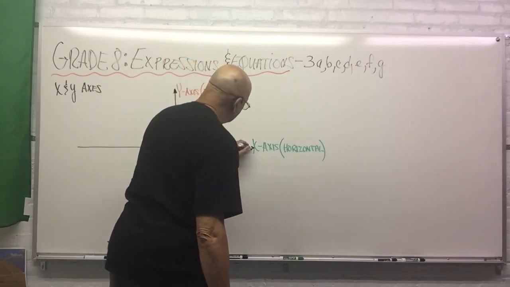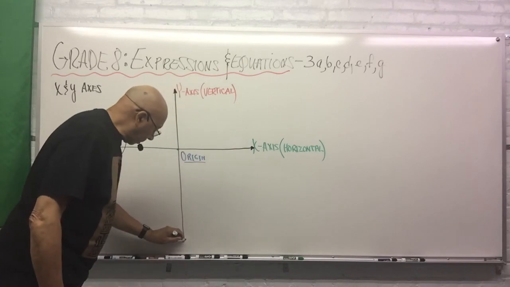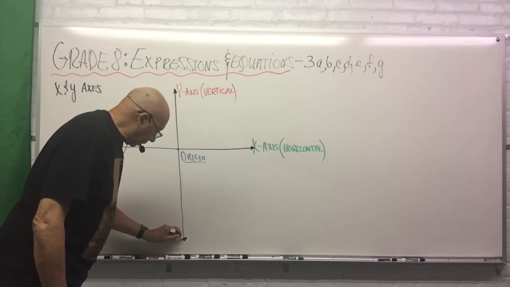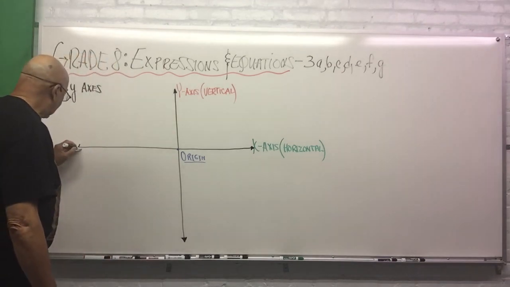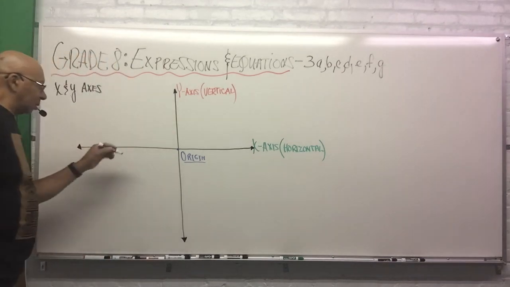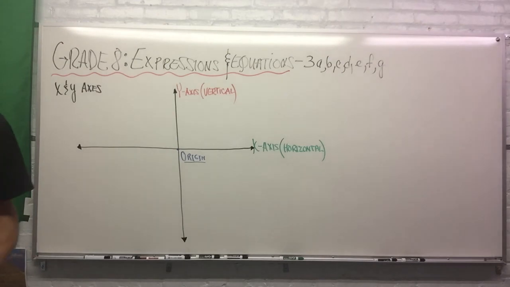And you know that arrow is the explanation for us, the symbol for us, that even though these are short, they go on forever in both directions. The y-axis goes up forever and down forever.